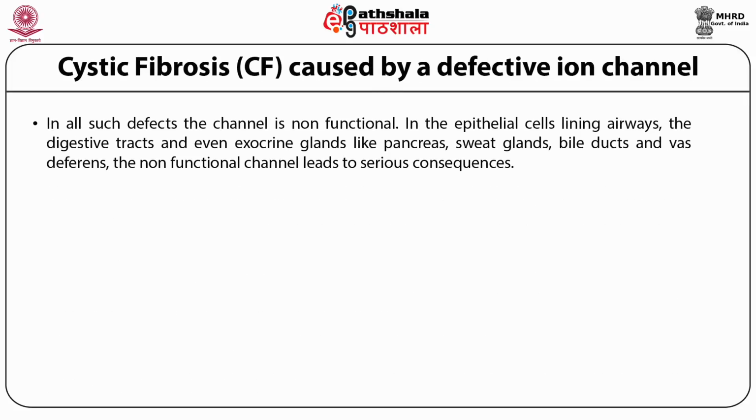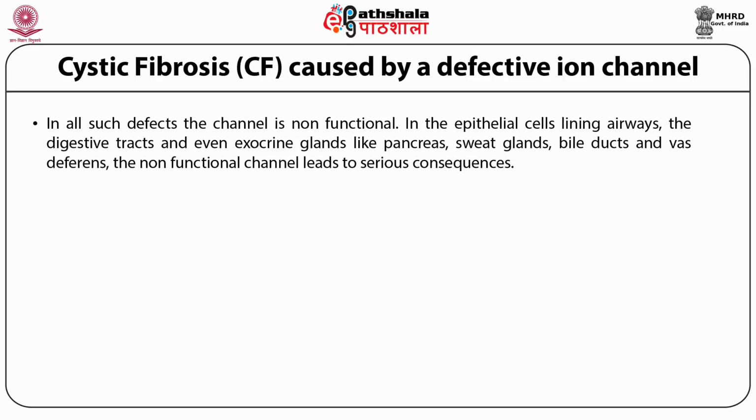In all such defects, the channel is non-functional. In the epithelial cells lining airways, the digestive tracts, and even exocrine glands like pancreas, sweat glands, bile ducts, and vas deferens, the non-functional channel leads to serious consequences.